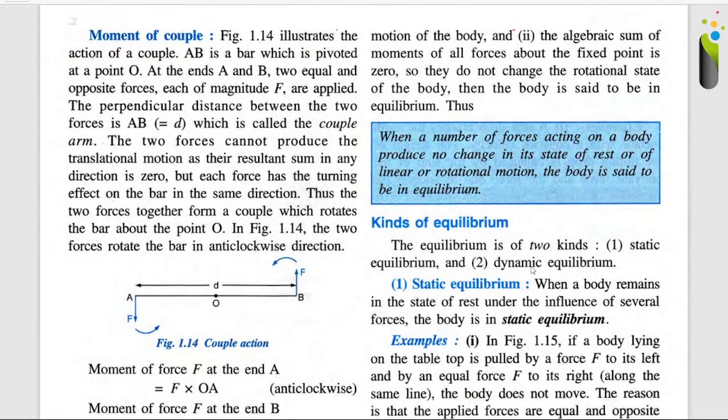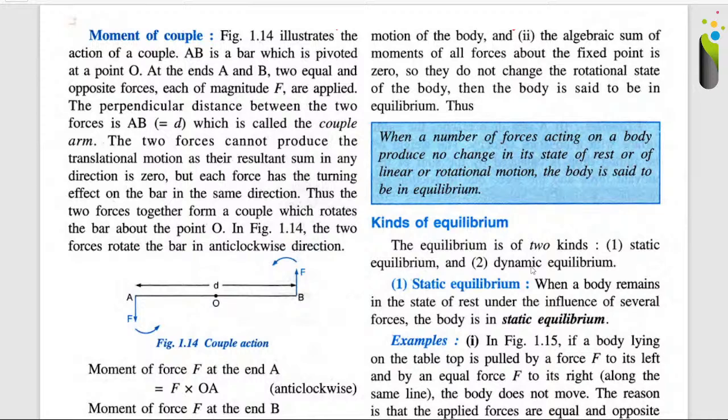Coming to the next point, moment of couple. Figure 1.14 illustrates the action of a couple. AB is a bar which is pivoted at the point O. At the ends A and B, two equal and opposite forces, each of magnitude F, are applied. The perpendicular distance between the two forces, AB, is equal to D, which is called the couple arm.